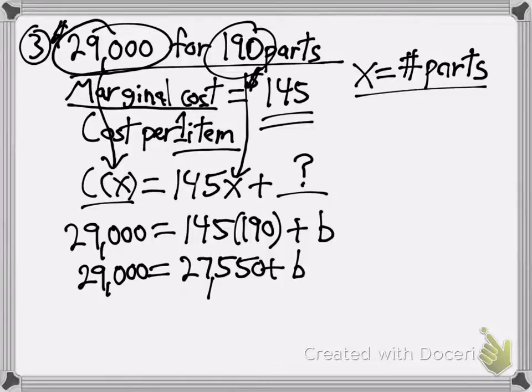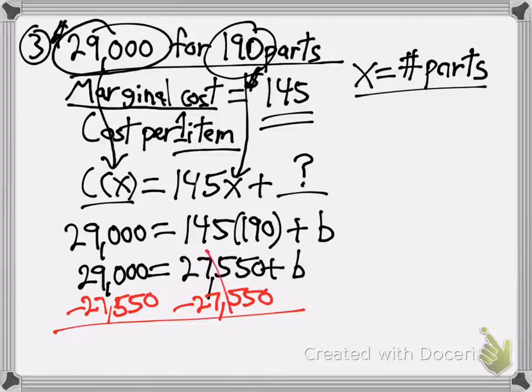I'm going to solve for B now. How do you solve that little equation for B? You just subtract the 27,550. Boom. So we get 1,450 equals B. So we've got B. So what's the final answer to this question?